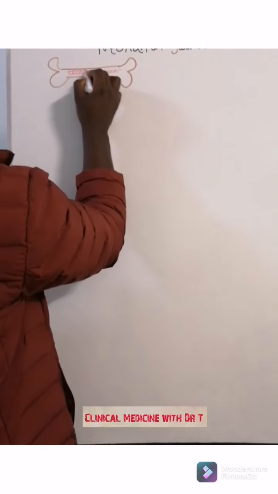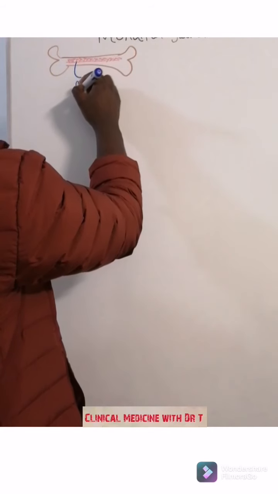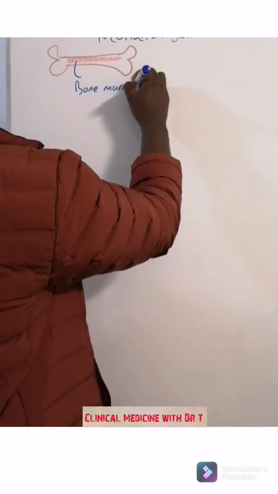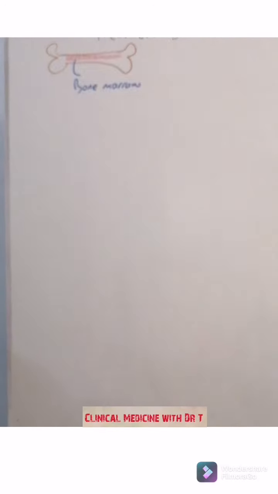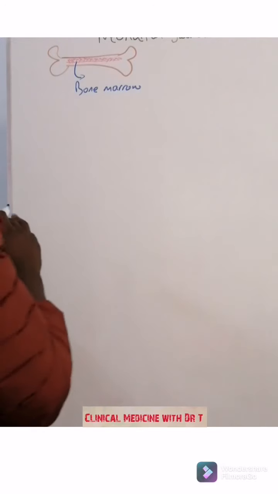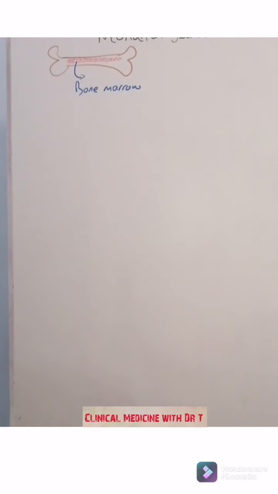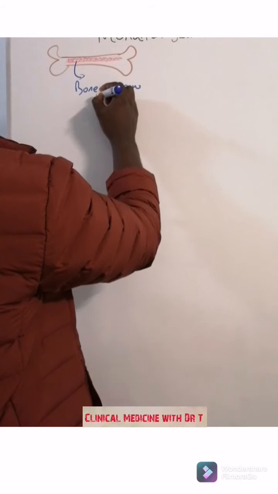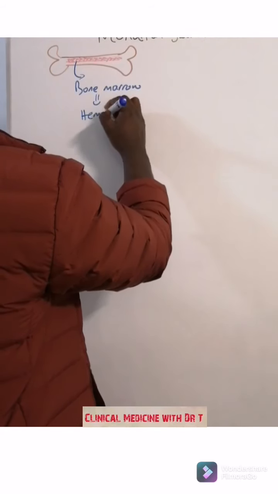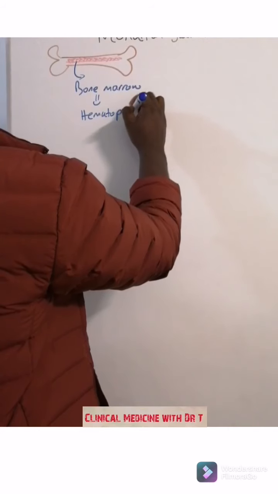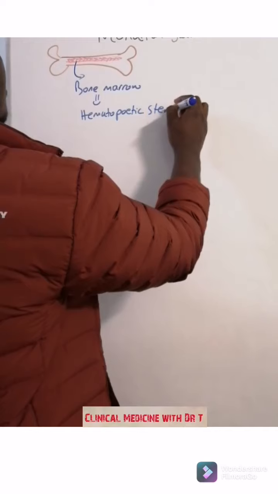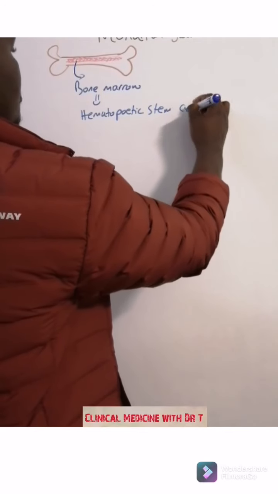Bone marrow has special types of cells called the hematopoietic stem cells.